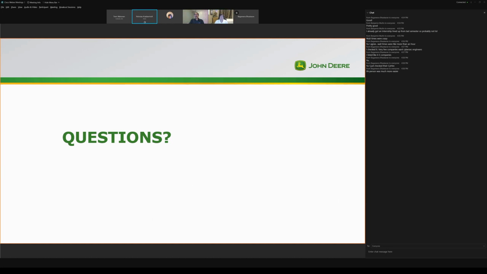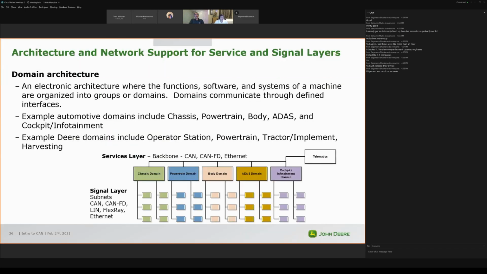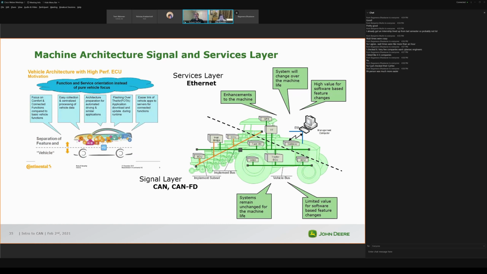I was a little bit curious. You had mentioned that there would be CAN buses at the sensor level, and then you'd be using more Ethernet at the higher service level. Is that more of a cost thing, or was there something else that I missed? Cost is one of the drivers, but also it's the machine needs and the networks. CAN has been around since 1991 because it does an awesome job at real-time control: low latency, high integrity.